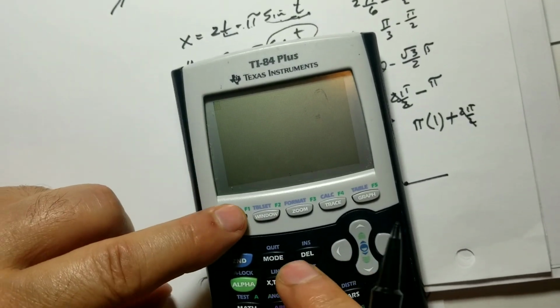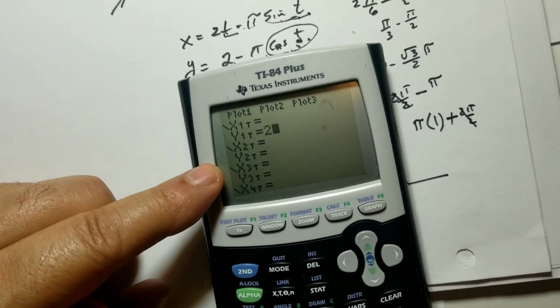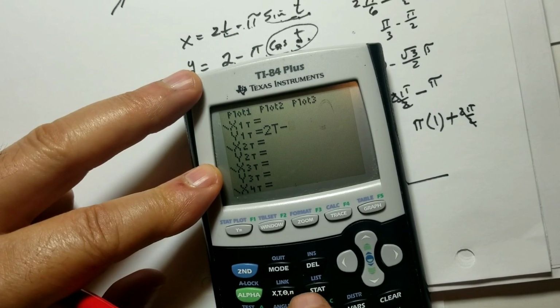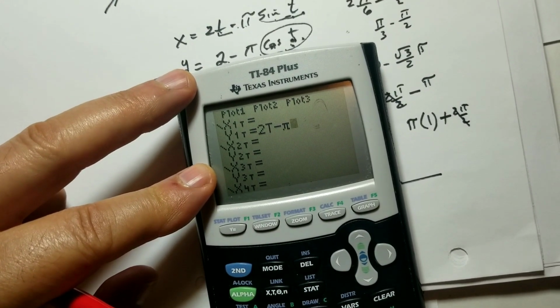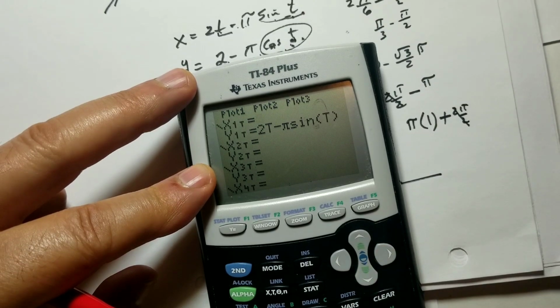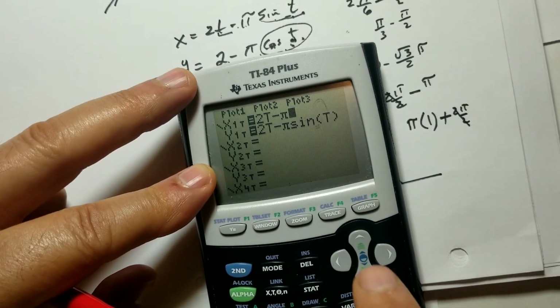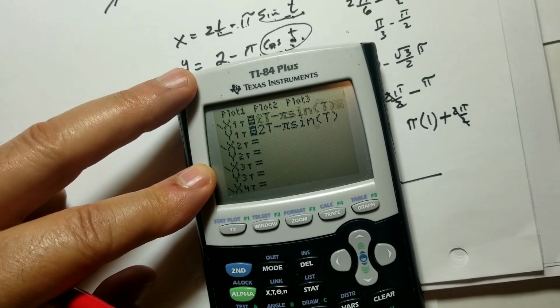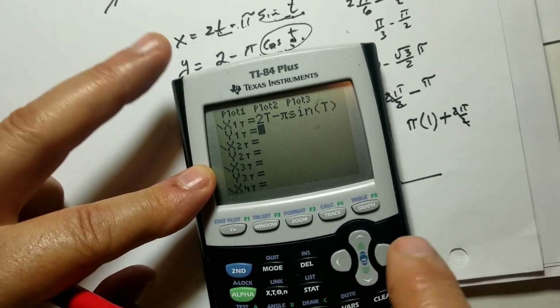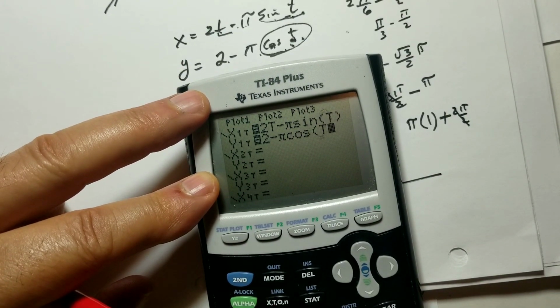You go into parametric mode, and you're going to type in x equals 2t minus pi sine of t, and y equals 2 minus pi cosine of t.